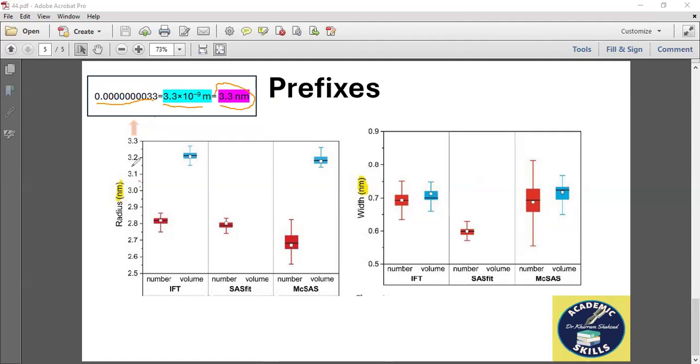So you can see that radius was reported in nanometers, and width was also reported in nanometers. So in this example, you see the three forms: decimal form, scientific notation, and prefixes. These are the best forms to report your data in the best way.